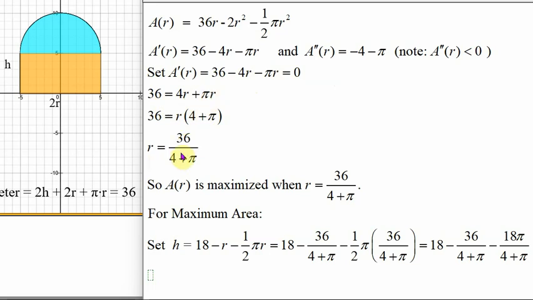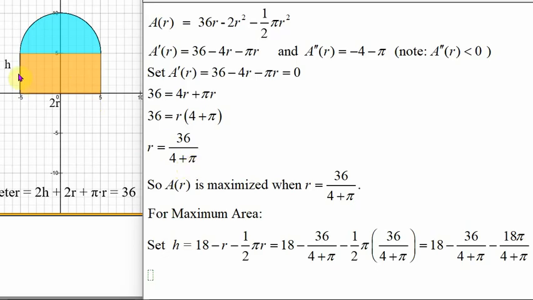So the radius will be 36 over 4 plus pi. To get the maximum area, the radius needs to be set to 36 over 4 plus pi.